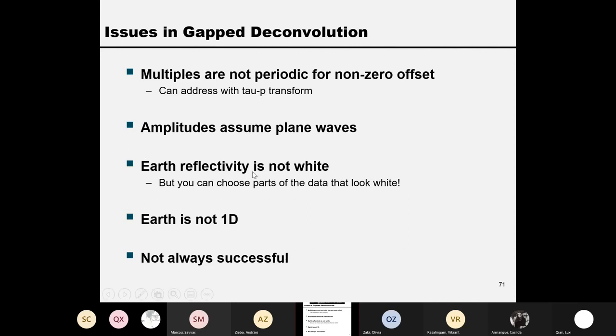The third issue is the subsurface reflectivity is not always white. Basically it depends on how many layers, how deep the structure you consider, okay? The Earth is not 1D, so the conclusion is it's not always successful. That's the issues. All these issues we'll deal with in the later sessions in this course, right?